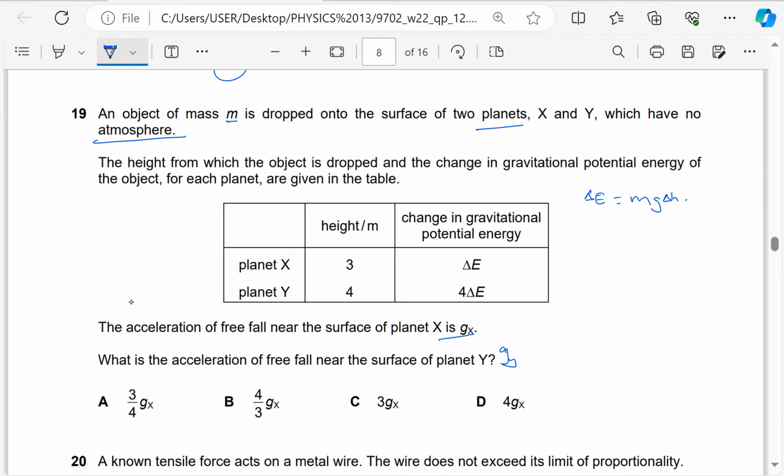So for X, the change in potential energy is going to be equal to m gx. The change in height is 3, so this is going to be times 3, because they said the height from which the object is dropped and the change in gravitational potential energy of the object for each planet are given in the table. Then this is for X.